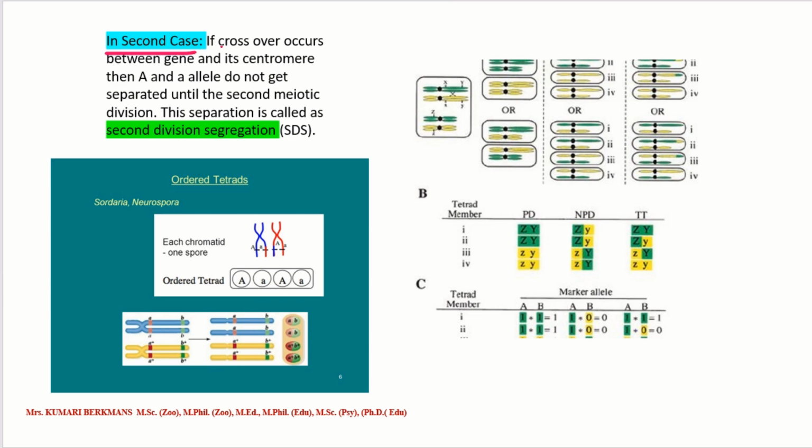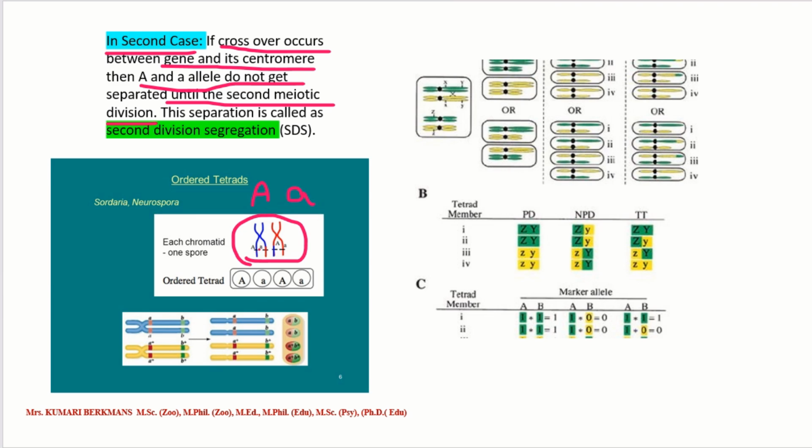In the second case, if crossing over occurs between the gene and its centromere, then the A and A alleles do not get separated until the second meiotic division. A and A won't separate until then. You can see here that crossing over occurs between the gene and its centromere. This blue possesses the A gene, and this red possesses the small a gene.